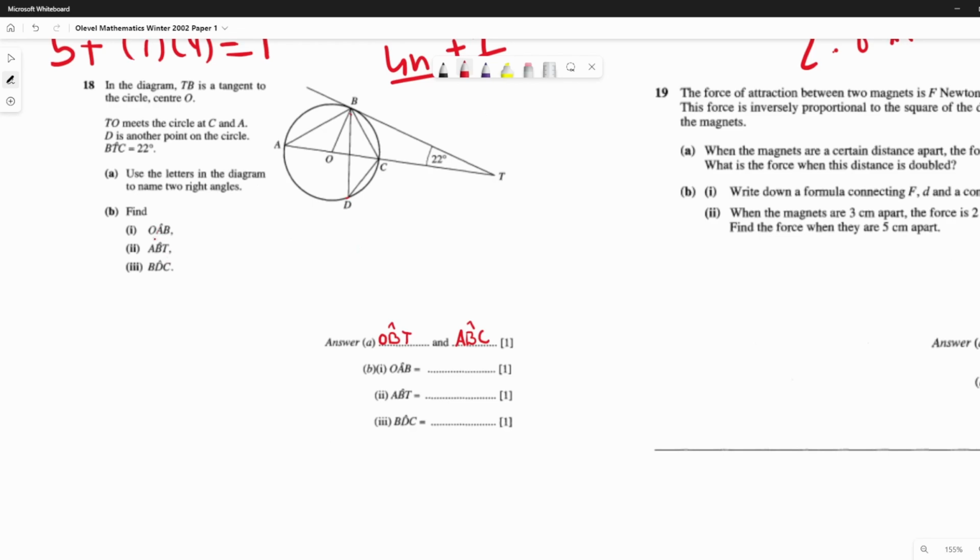All right, now we need to find OAB. So we need to find this thing right here. So we know this is 22, and we know that this is 90.